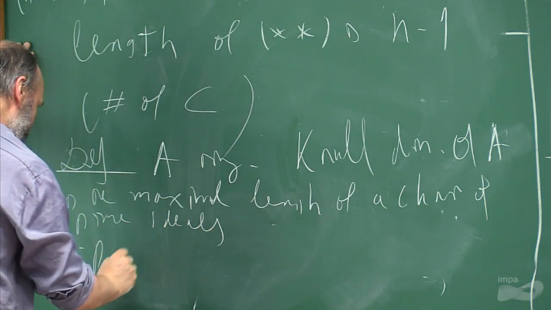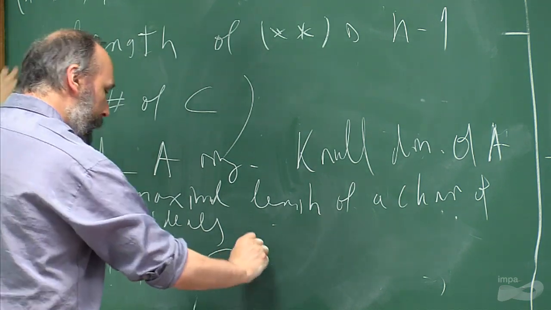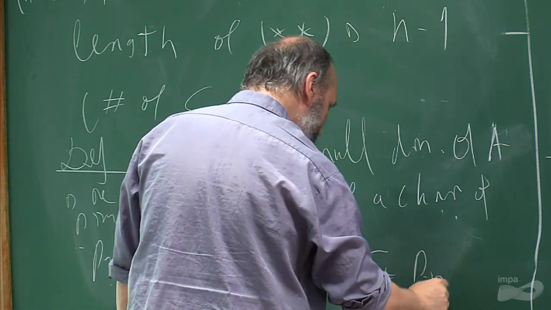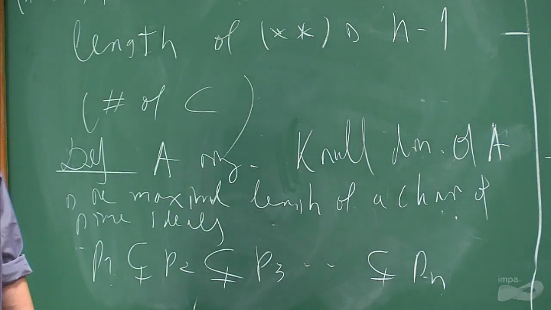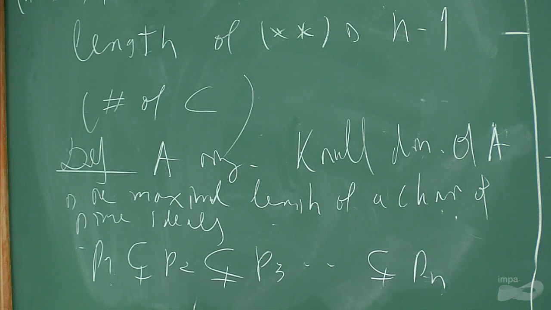You have P1 inside and not equal to P2, inside and not equal to P3, and so on, inside and not equal to Pn. Is the definition clear? So let's do some examples.